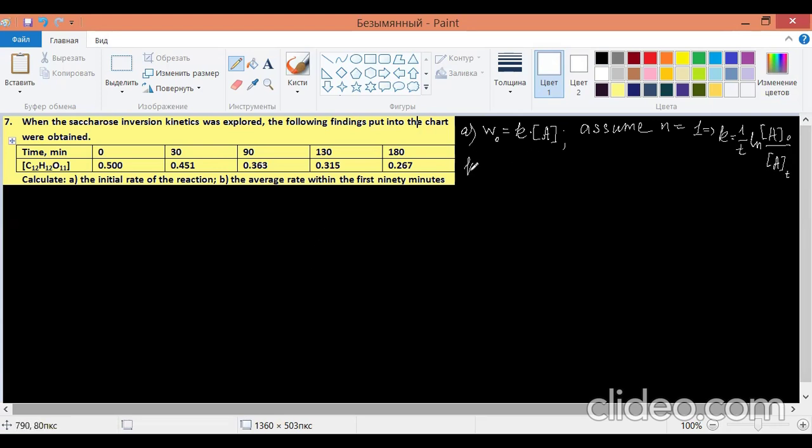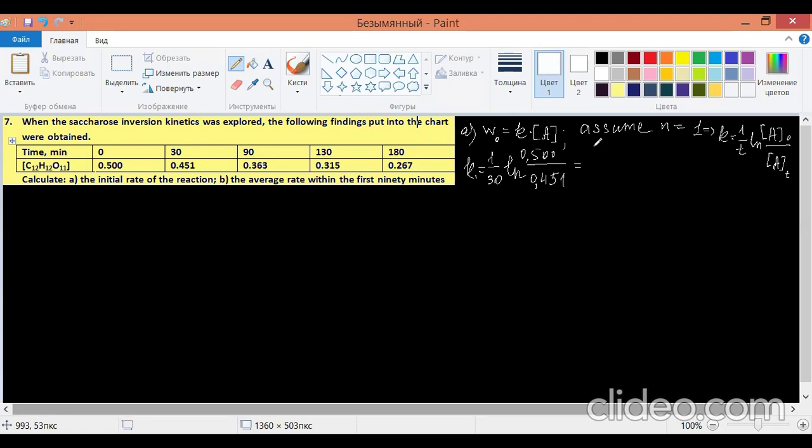So we can write that K1 is equal to, the first time is 30 minutes, right? Natural logarithm, the initial concentration is 0.5, and at 30 minutes, the concentration is 0.451. Okay, let me take a calculator in order to get the answer.